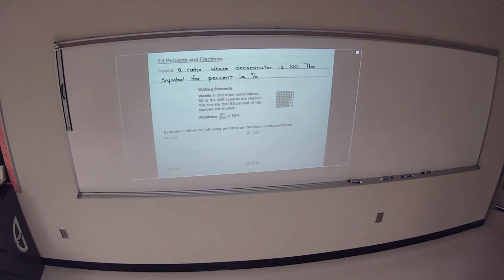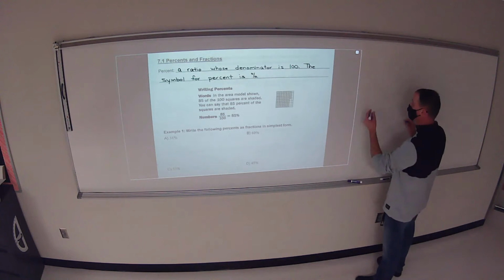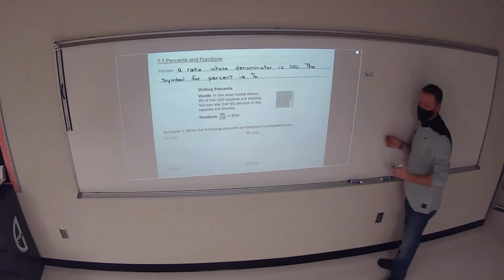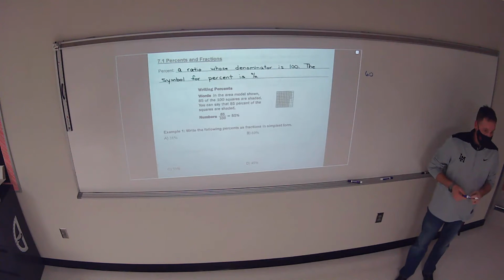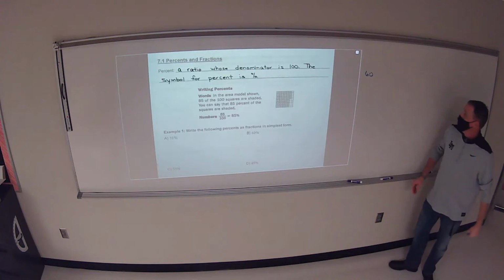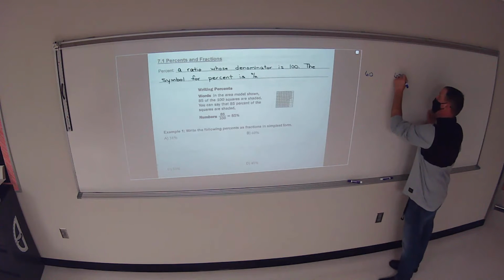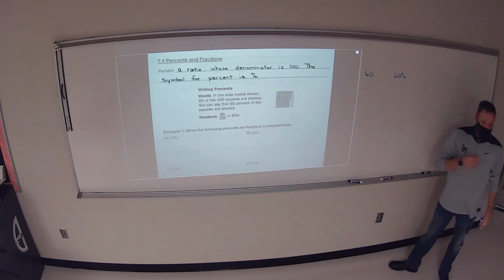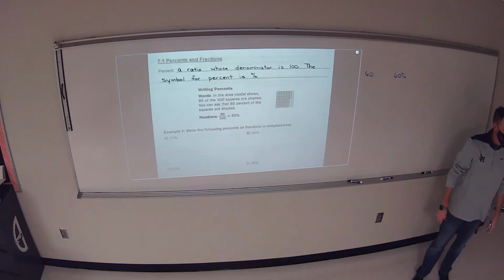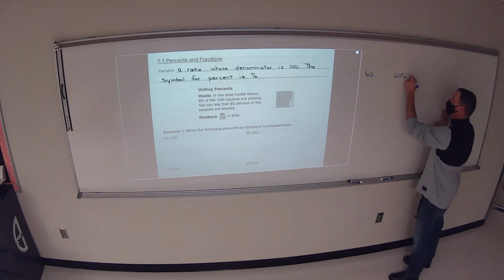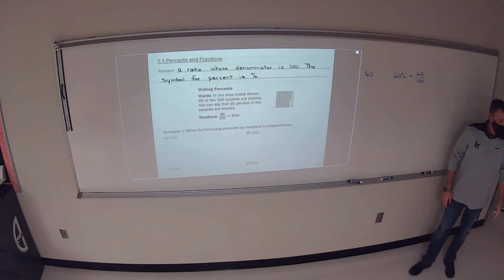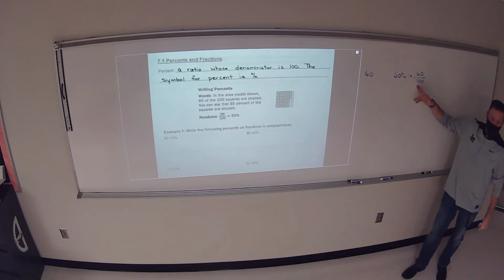And you might say, well, Mr. Hopkins, that's just being picky. No, it's not. There's a huge difference. Okay? If I were to give you the number 60, this is the number 60. There's nothing behind it, it's 60. Whereas if I were to give you 60%, that is not the number 60. What is the number 60%? Well, it's actually a ratio whose denominator is 100. 60% is actually 60 over 100.